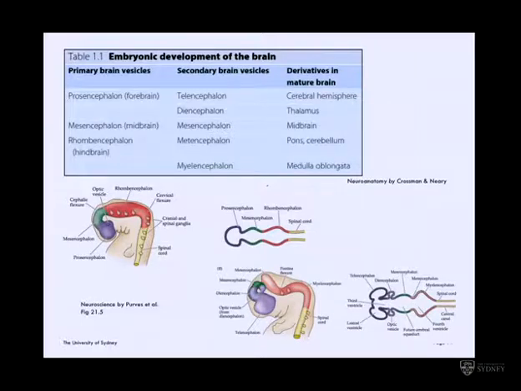And your rhombencephalon then develops into a metencephalon and a myelencephalon. The metencephalon goes on to develop into the pons and the cerebellum, and the myelencephalon forms the medulla oblongata, the medulla. And we'll go into those structures shortly.